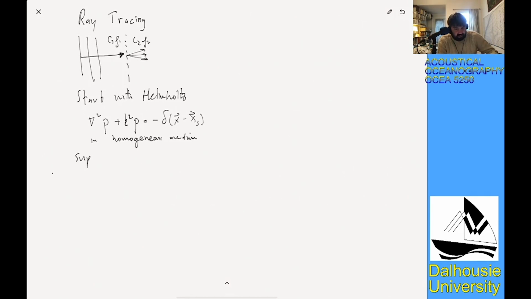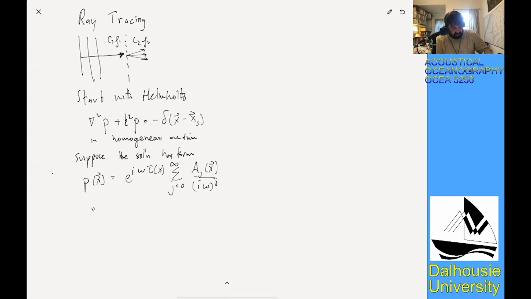So we're going to say, suppose the solution has the form p of x equals e to the i omega tau of x, and then sum over j amplitudes A_j over (i omega) to the j. This is called the ray series solution.